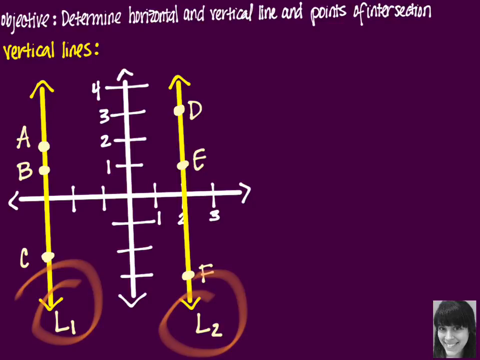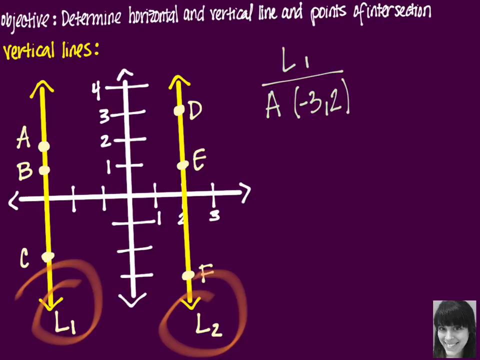Let's look at L1. L1 has the points A, B, and C. So what is the point A? Well, if I'm looking at it, I go to the x value, -3. The y value is 2. So A is (-3, 2).